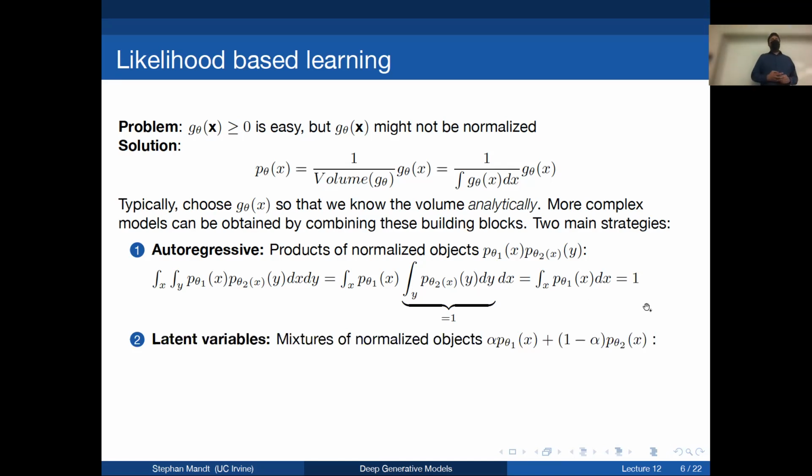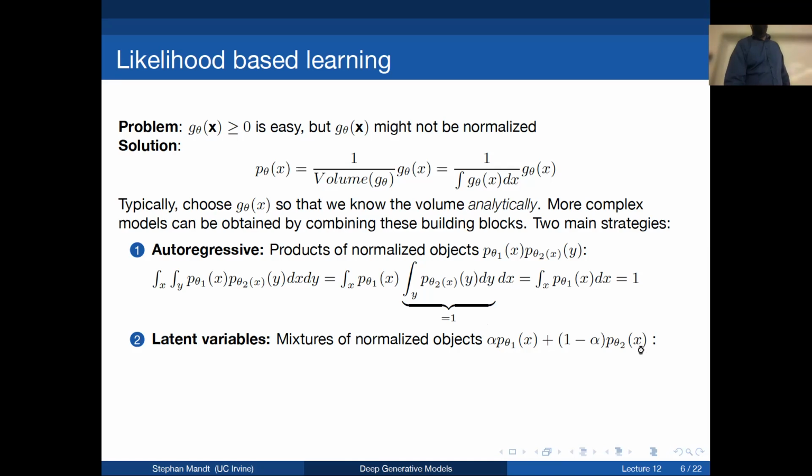Another example are latent variable models. How did we deal with the fact that these distributions have to be normalized in this case? For example, think of a mixture of two distributions, where P theta 1 and P theta 2 are two different Gaussian components. If we work with mixtures, then we weight them with some weights that sum up to 1. So we have alpha of P theta 1 plus 1 minus alpha of P theta 2, as an example.